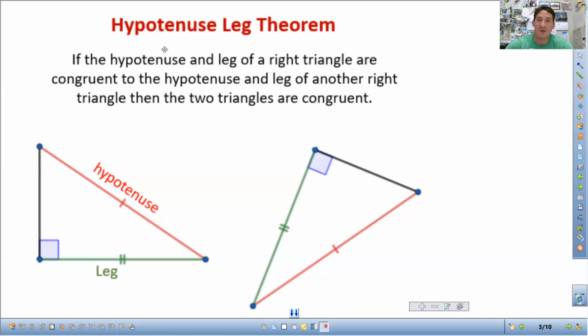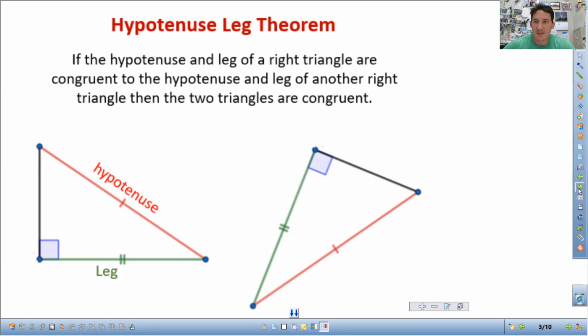But the trick with hypotenuse leg is it only works with right triangles. This does in fact include 3 parts, an angle and 2 sides. It's just that angle has to be a 90-degree angle. So HL only works for proving triangles are congruent if they are right triangles.